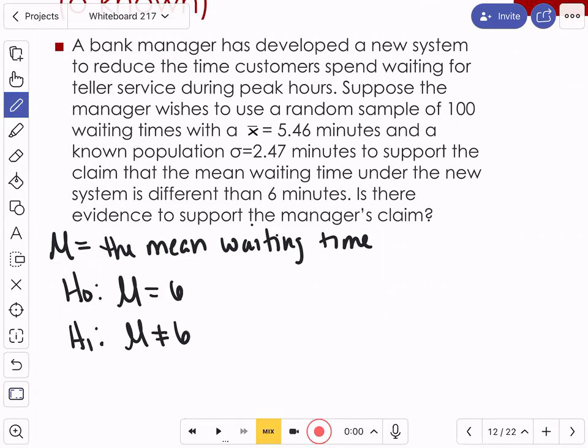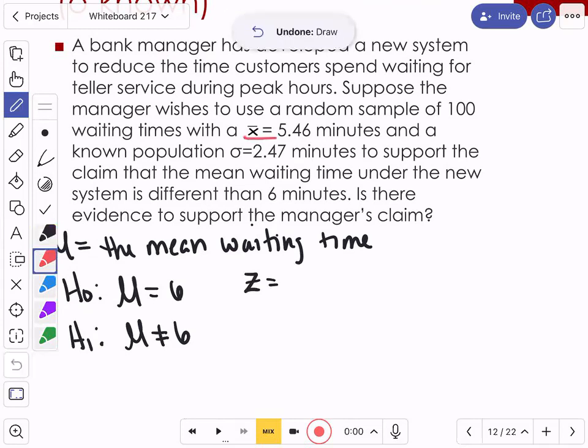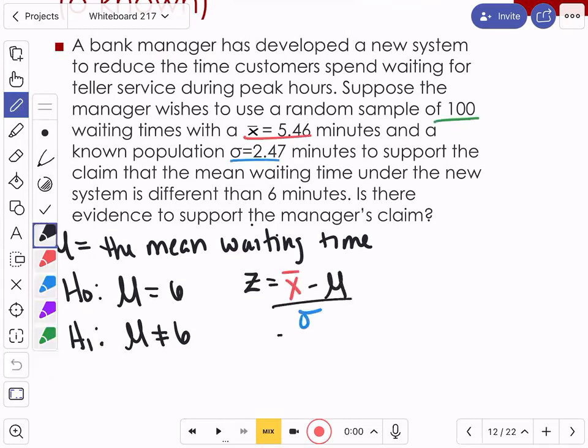The next thing I'm going to do is calculate a Z-score. So your Z-score, Z, is equal to X bar minus mu divided by sigma over the square root of n.